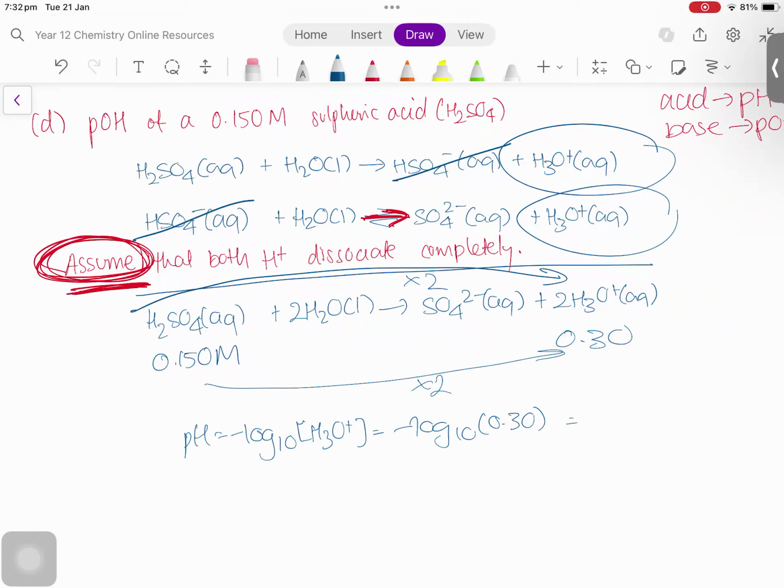Let me know what you get when you pop this in the calculator. I'm going to assume it's at 25 degrees Celsius again, so pH plus pOH is equal to 14, and then pOH is 14 minus pH. Let me know what you get for pH when you get it.